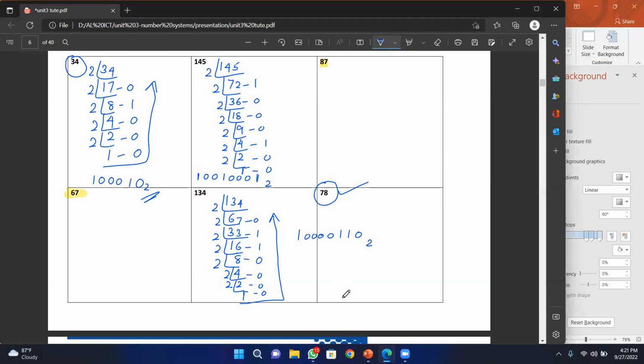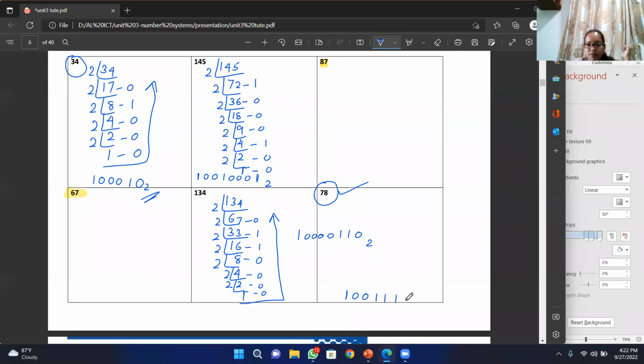Can you tell me the answer for that one? 1 0 0 double 1, double 1, 1, 0. Right. Let's see. Yes, correct. Right. So do the other two as homework, right?